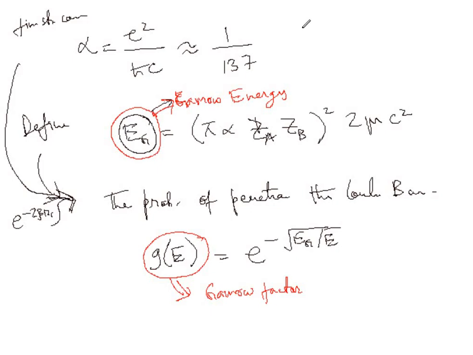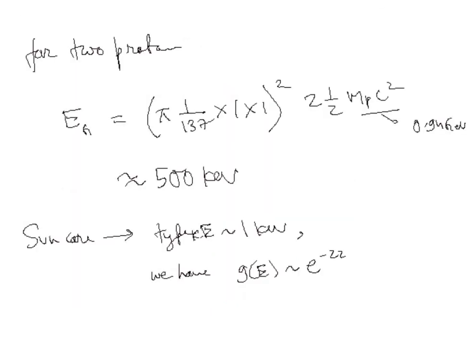If you do this calculation, putting in the value of Eg, that is 500 keV by 1 keV, and take the root, this comes out to be of this order.